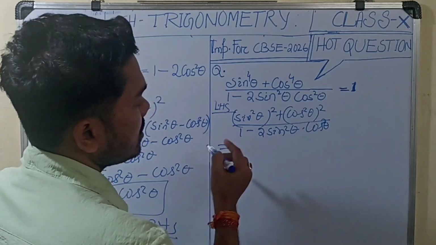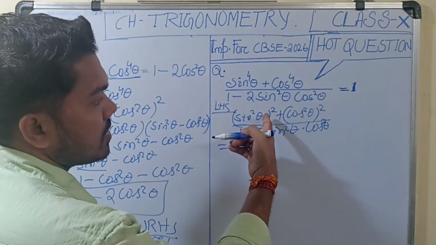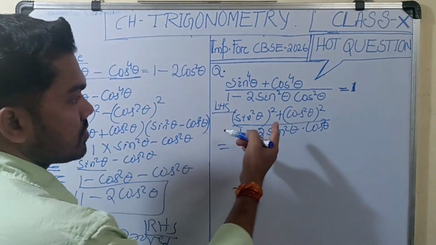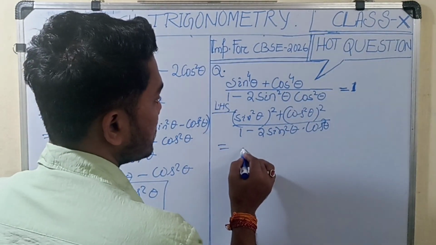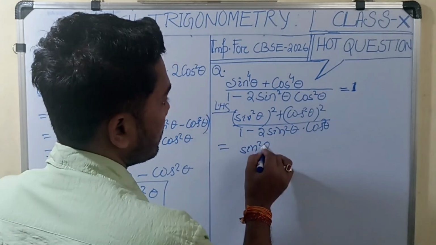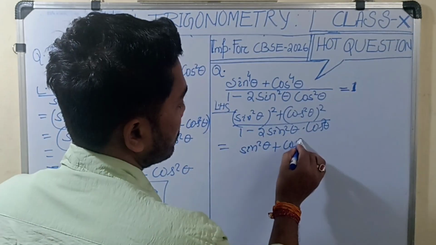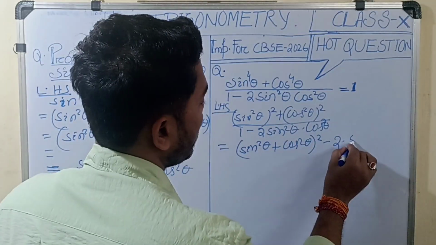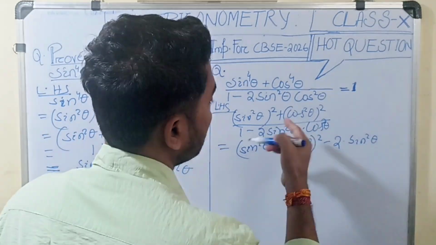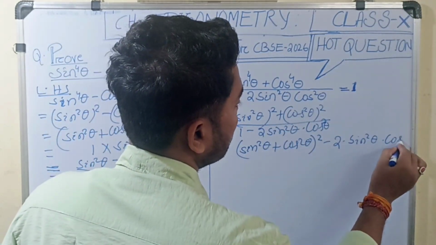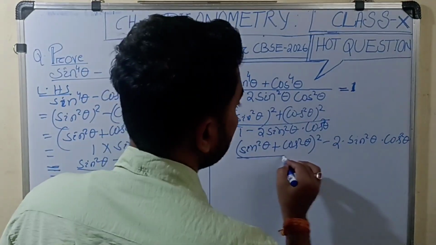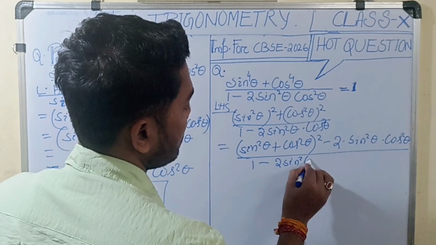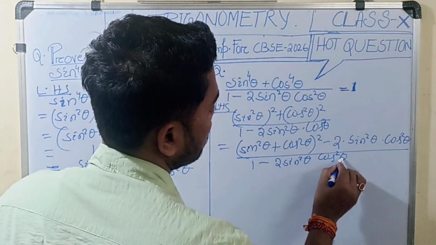Then you know there is a formula: a square plus b square plus 2ab is equal to (a plus b) whole square. So that formula I have to apply: (sin square theta plus cos square theta) whole square minus 2ab, that is 2 sin square theta into cos square theta, whole divided by 1 minus 2 sin square theta into cos square theta.